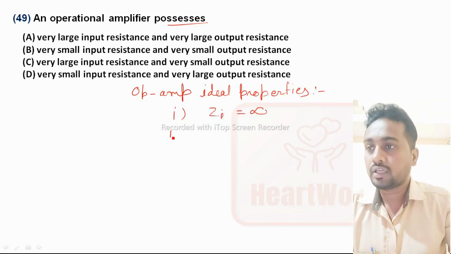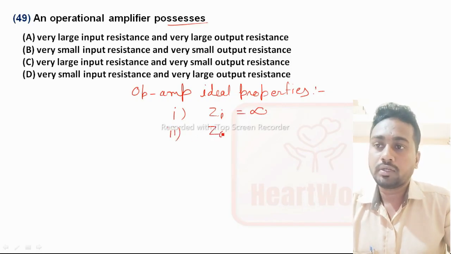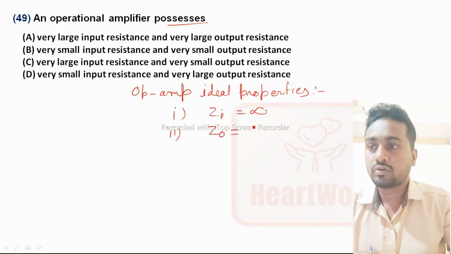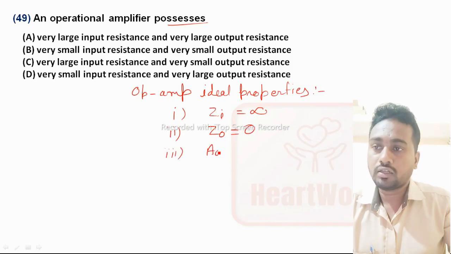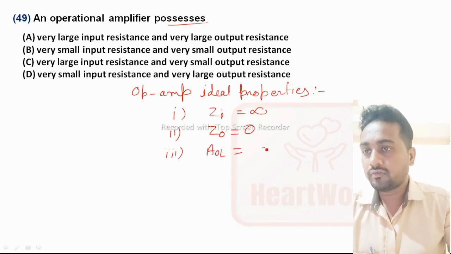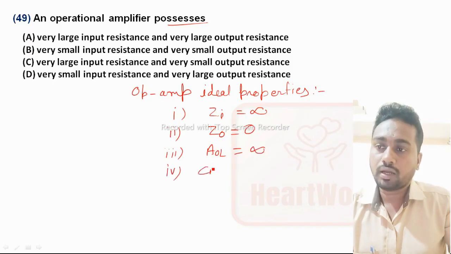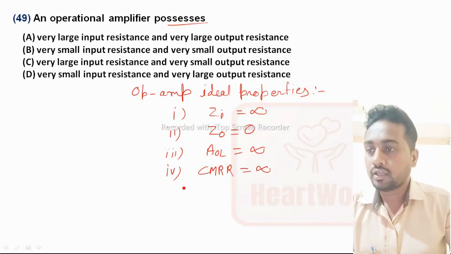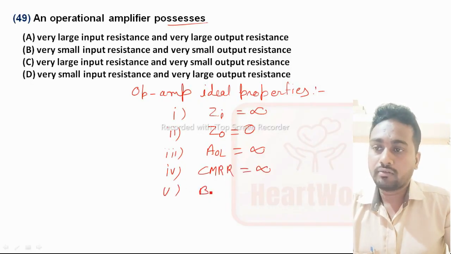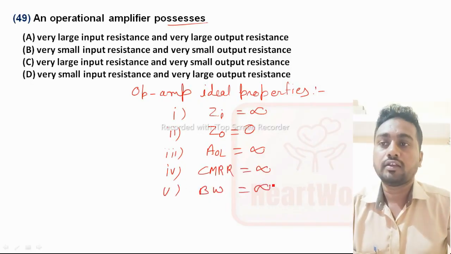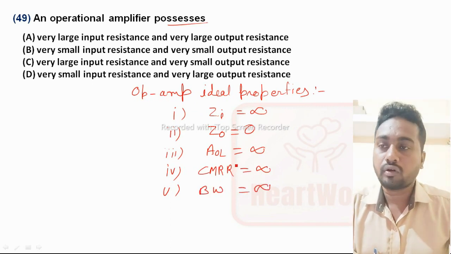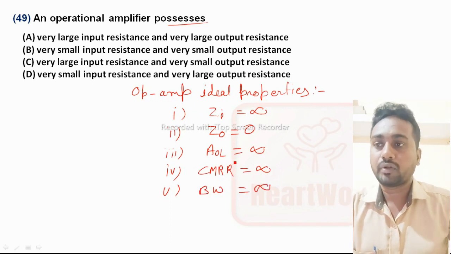Output impedance is always low or zero. Open loop gain, AOL, is infinity or high. CMRR, common mode rejection ratio, is also high. And bandwidth is also high. So these are the ideal properties of an op amp. You have to remember all these things.